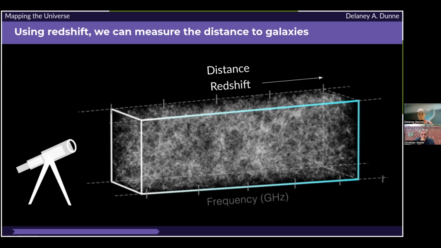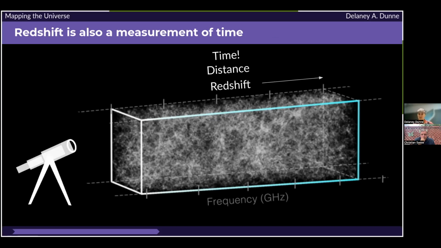And so this distance coordinate we get from redshift, and then finally time also maps with distance. And this is a little more confusing, but basically light takes a finite time to travel like anything else. And so you know the speed of light, you know how far away it is, you can do the math and figure out when it was emitted.